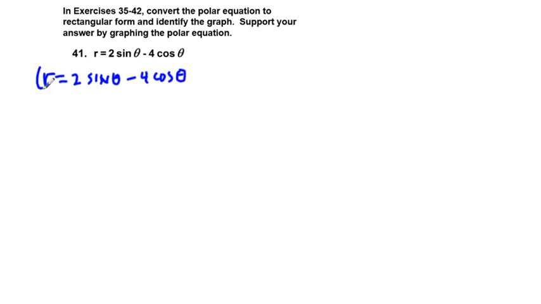And what we're going to do is multiply this entire equation by r. And when we have that, we get r squared equals 2r sine theta minus 4r cosine theta.